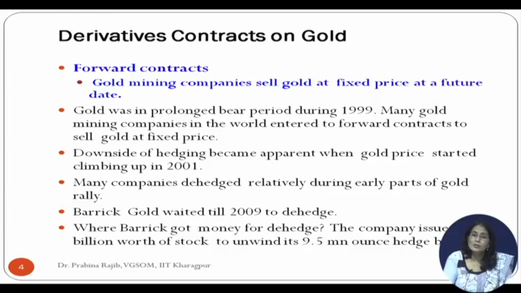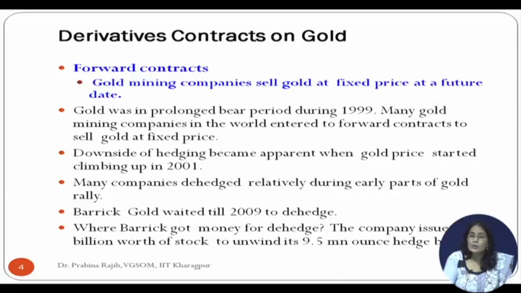Many of these gold mining companies de-hedged their forward position relatively early in the gold rally. However, a company called Barrick Gold waited till 2009 to de-hedge.